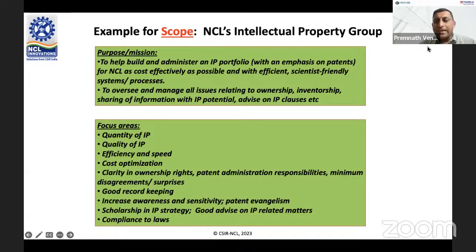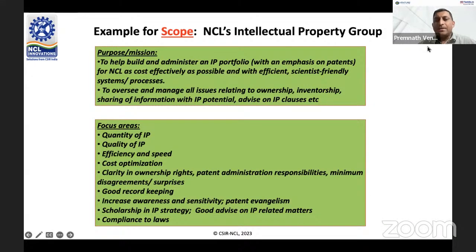So what are the focus areas here, right? What are the metrics that probably a group like this should be looking at? Quantity of IP. Please remember that the data shows that organizations which have successfully commercialized IP invariably have a large pool, and 5% or so of that pool gets commercialized.